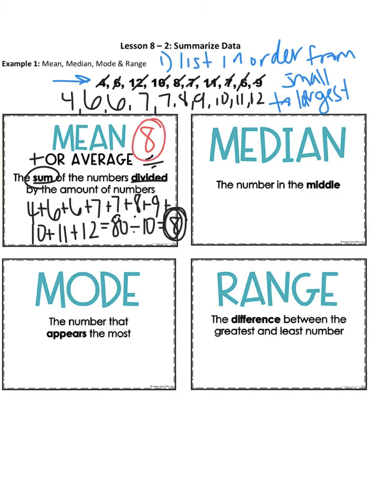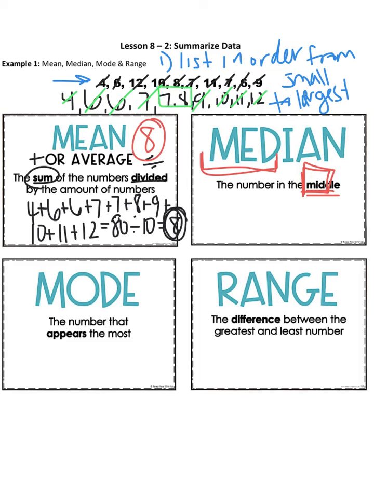The next part is the median. When we're finding the median, we are looking for the middle number. Normally I think of mid: median, middle, median, middle. Again, we take our list of numbers in order from least to greatest, and we cross off from end to end until we get to the middle.